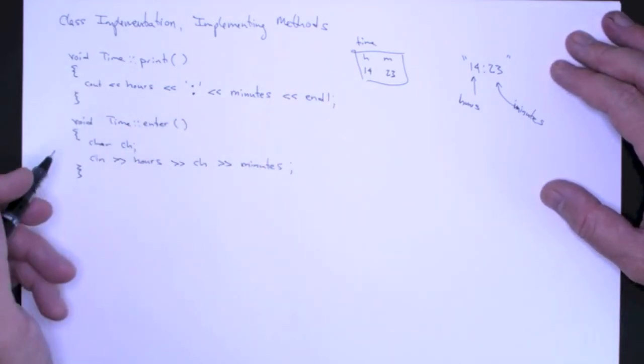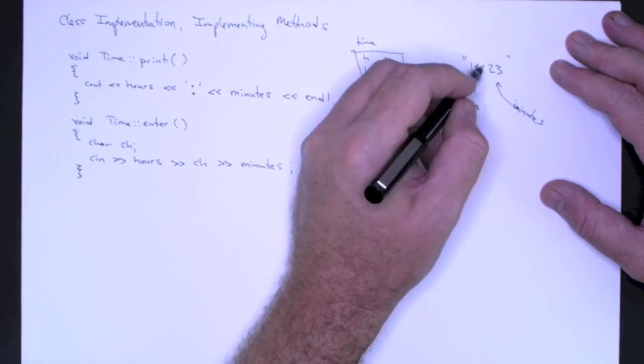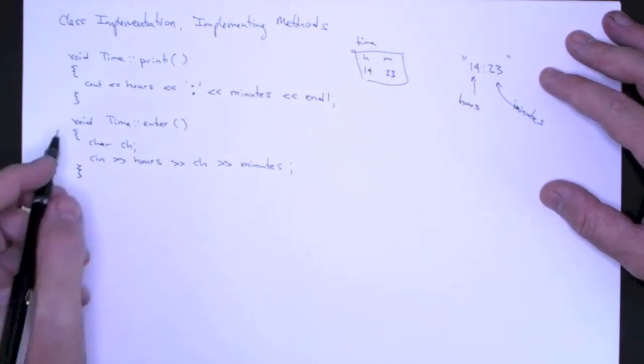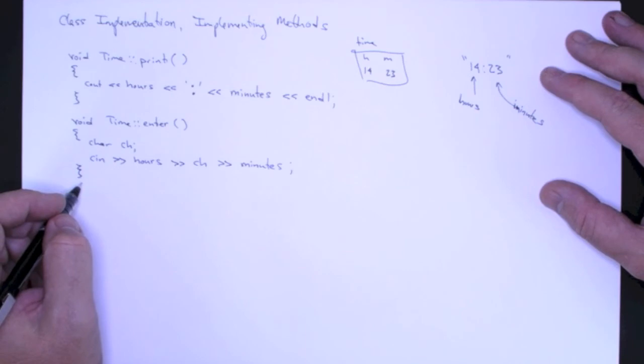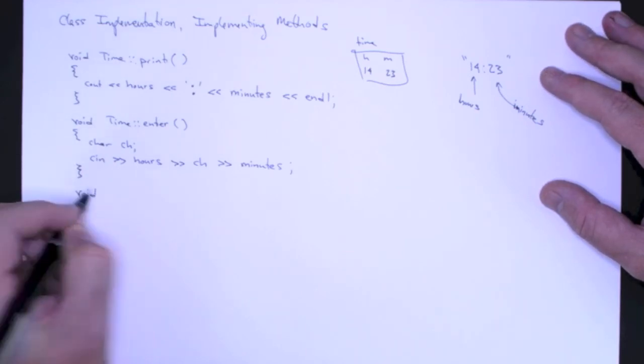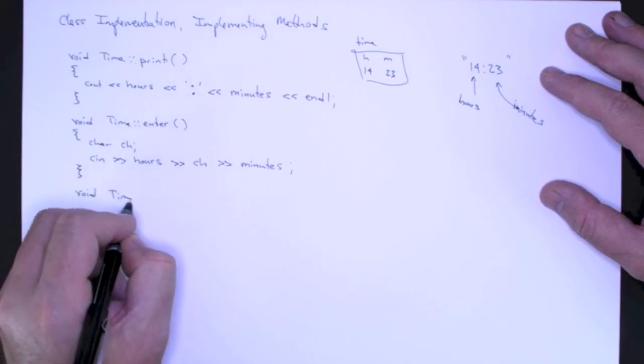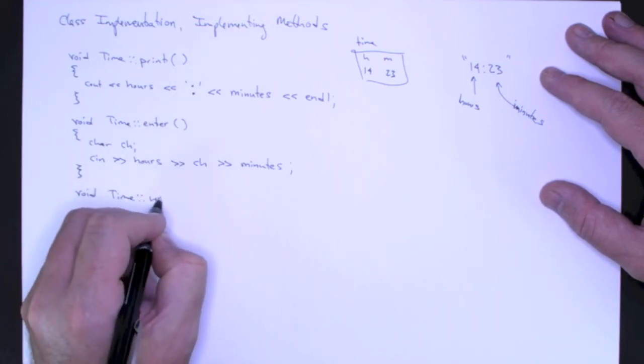Now, the read and write methods are going to be very similar, except I'm not going to store the colon when I write this time object to disk. So the write method, I have the class name.